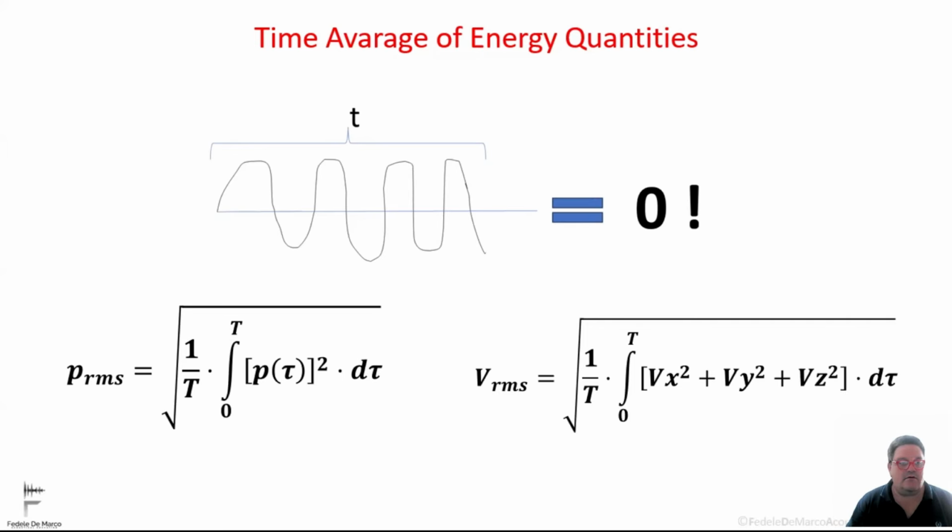In this way you obtain the effective pressure or effective velocity, also called PRMS, VRMS. I hope it is clear.